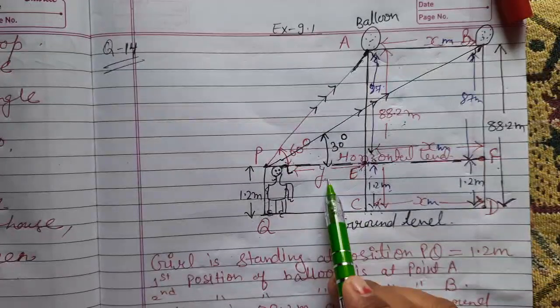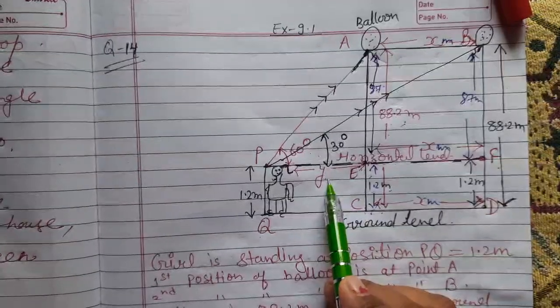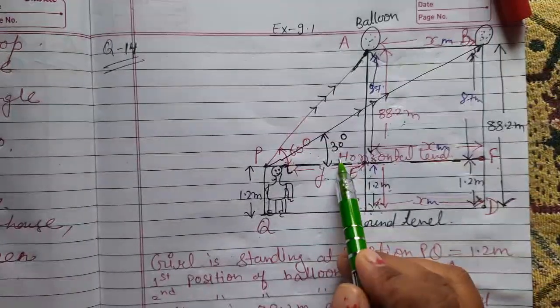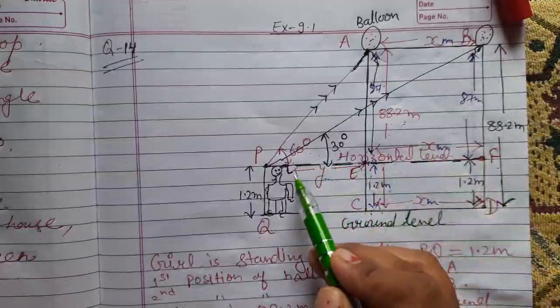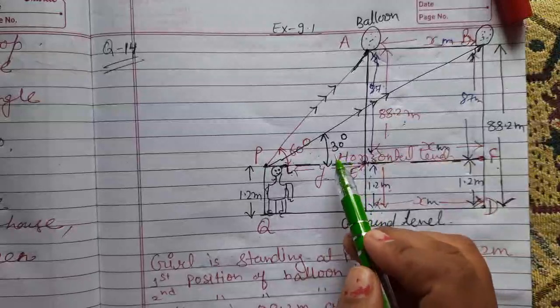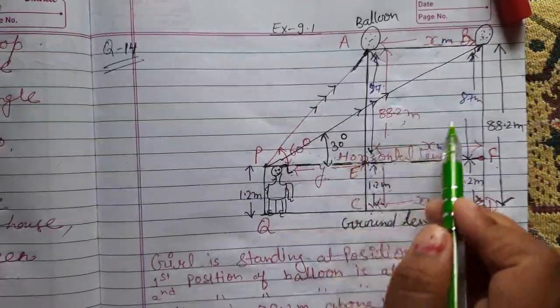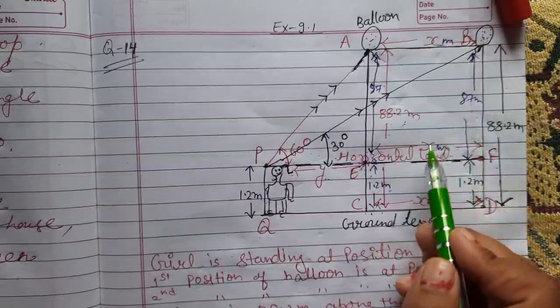In the second case, we'll apply tan theta in the triangle BFP. In this, the angle of elevation and the height 87 are given.